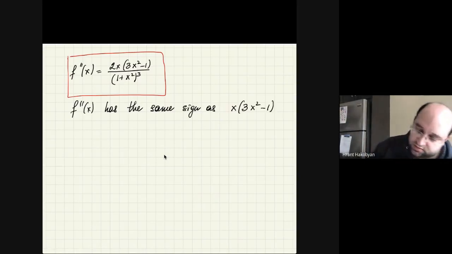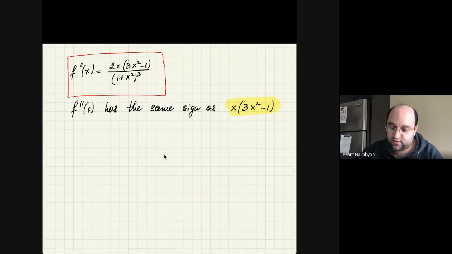Okay, so all we have to do is to figure out where this expression here is positive or negative. And again, for that we have to set it equal to 0 and solve.